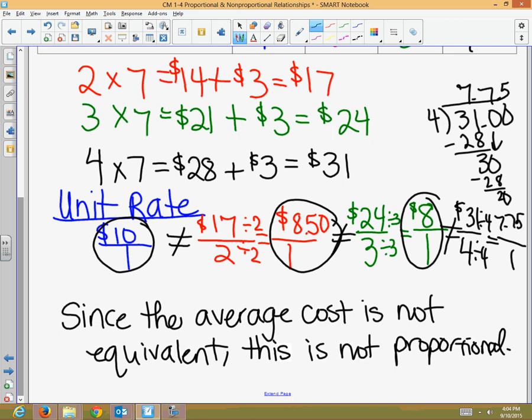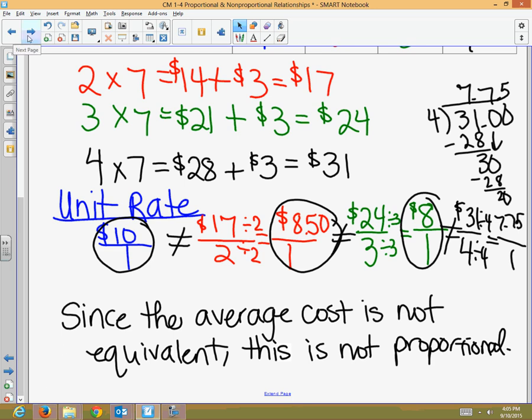So you can see my explanation is a complete sentence, and I explain with my work. My work supports my answer. Okay? So if you have any questions about example 2, please write them down so we can go over it in class.